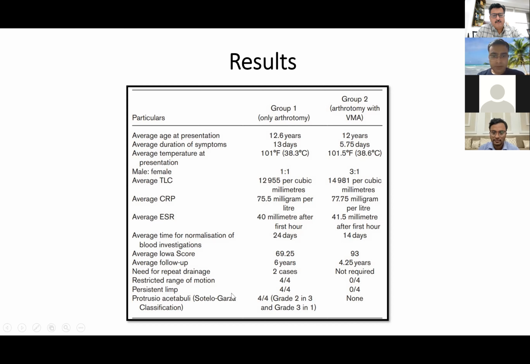Gaurav, sorry, which was the area for repeat drainage? Was it the obturator or the hip? You said you opened both. So in one case, I did a repeat hip arthrotomy. And in one case, I saw that in the pubic area there is osteomyelitis, near the ischial tuberosity.